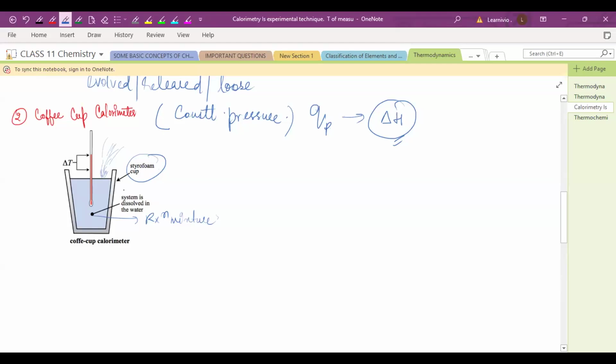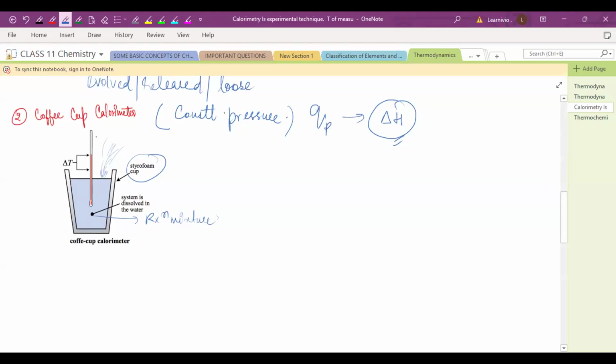So as soon as you dissolve the reaction mixture in water, what happens? There will be a reaction, and if the reaction is happening, either heat is absorbed or heat is evolved. There are two possibilities. And how will we know?